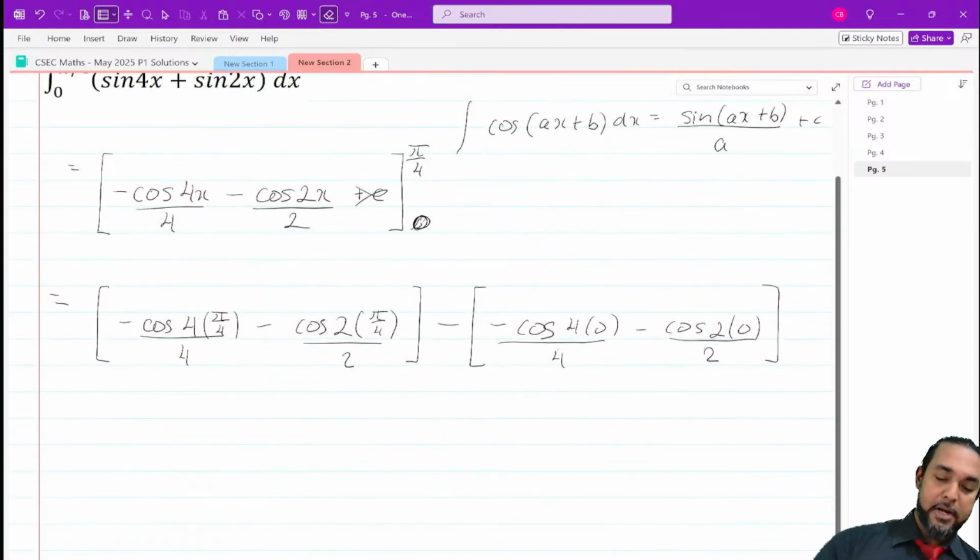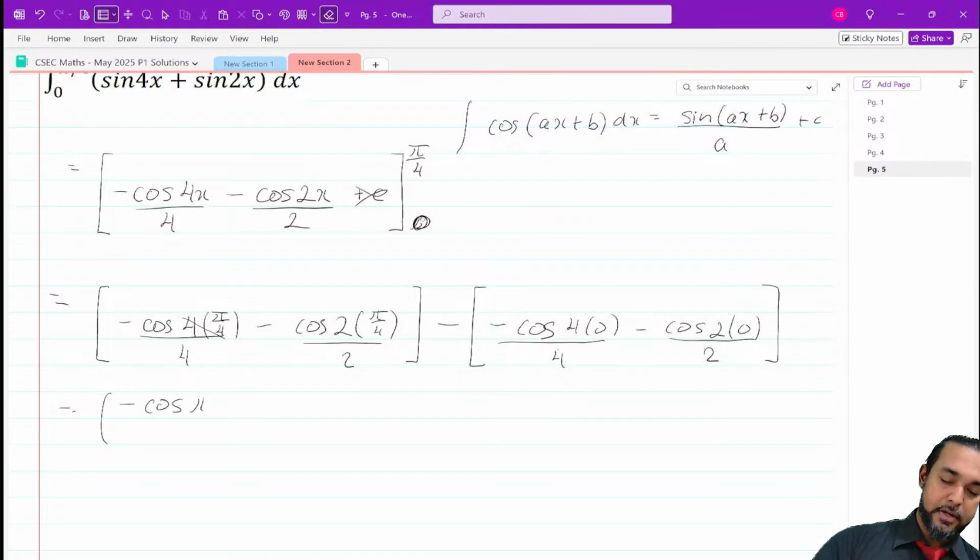Now 4 by pi over 4 simplifies quite nicely to just pi, because 4 cancels with 4, so you have minus cosine of pi all over 4. The 2 cancels with the 4 as well, but you're going to be left with pi over 2.